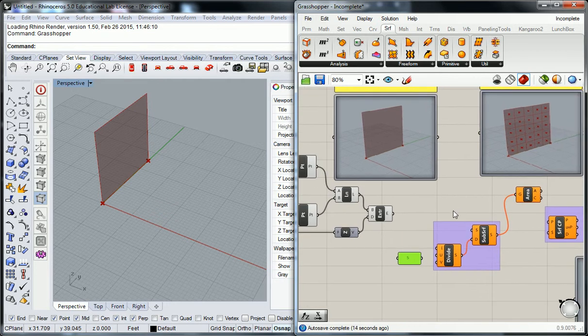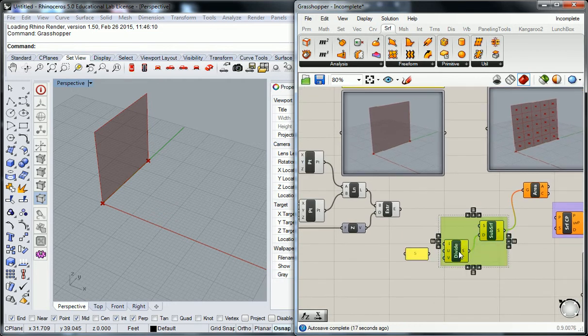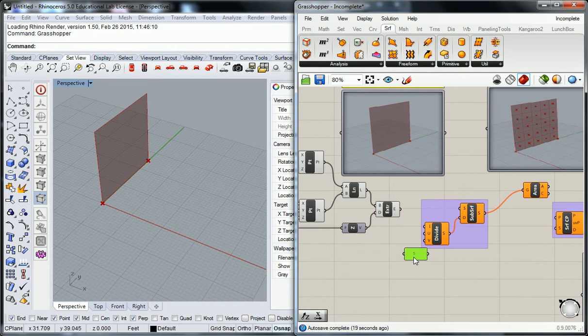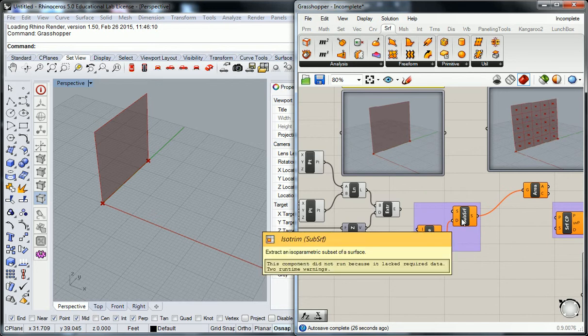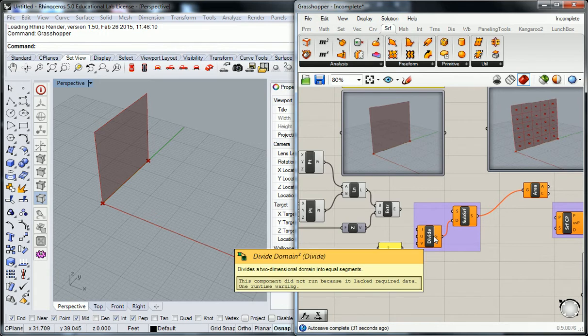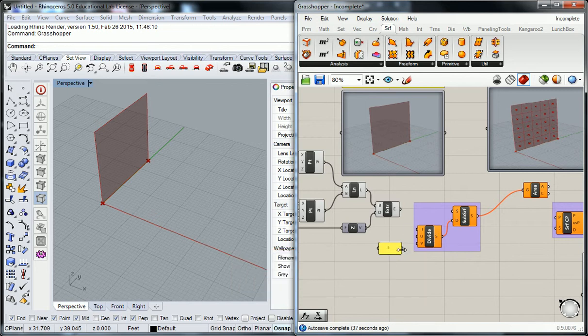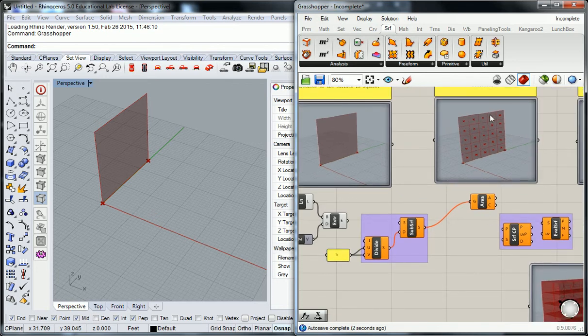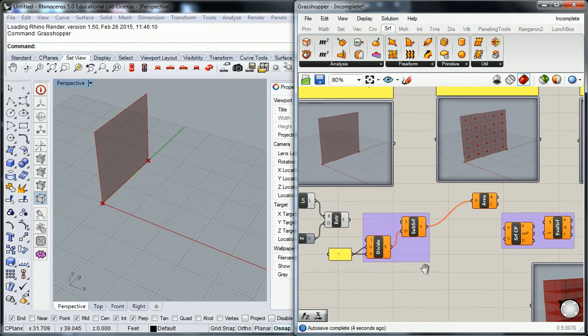So then the next one, I mentioned these two to you just a second ago. They almost always pair together. The thing that helped me truly understand how they work is the fact that they always create a triangle, those two. The divide domain is going to take a surface and divide it into an equal number of parts that you feed it. So I dropped the 5 in for you, so that I can say I want my u and my v to both be 5, which is what you see here: 1, 2, 3, 4, 5, 1, 2, 3, 4, 5.